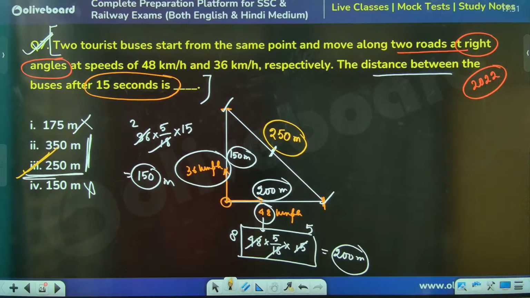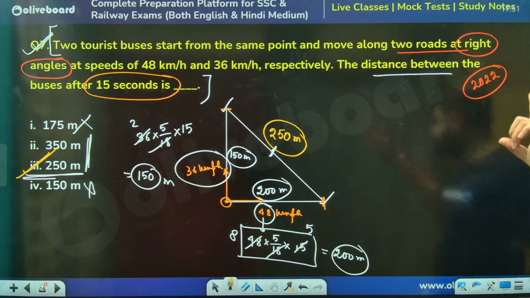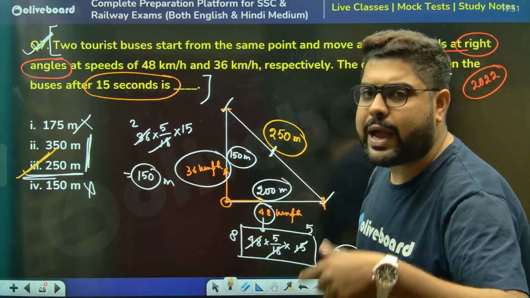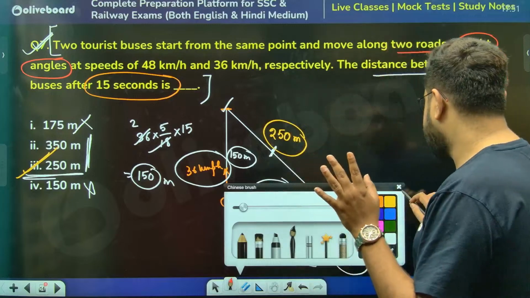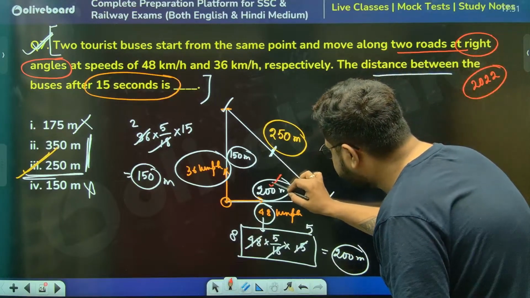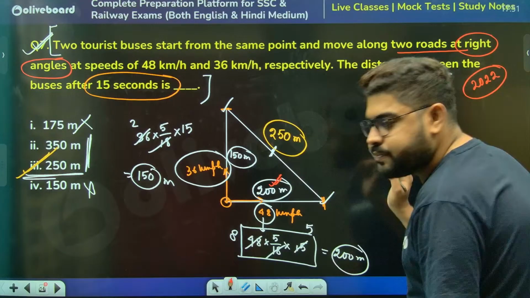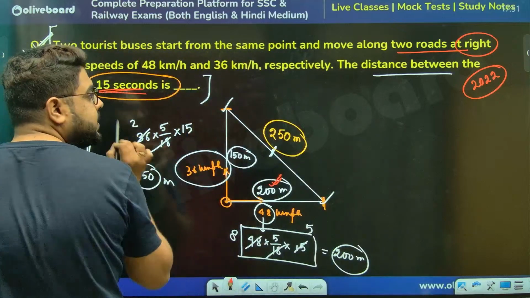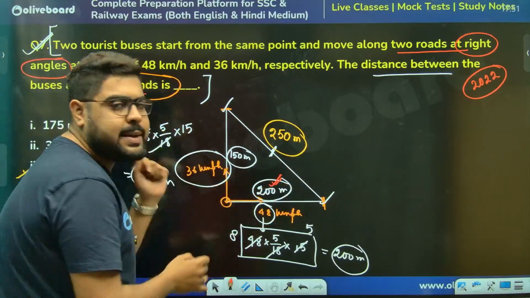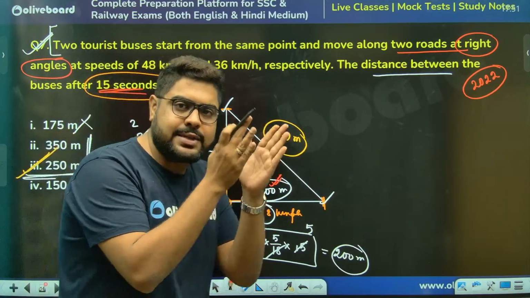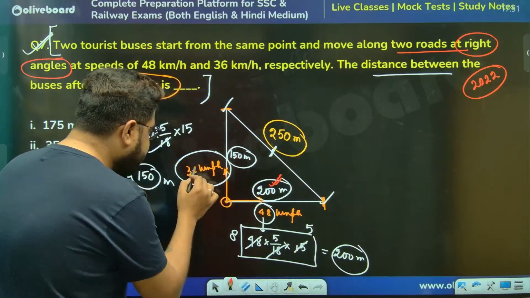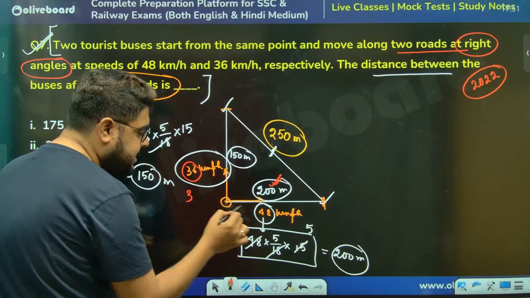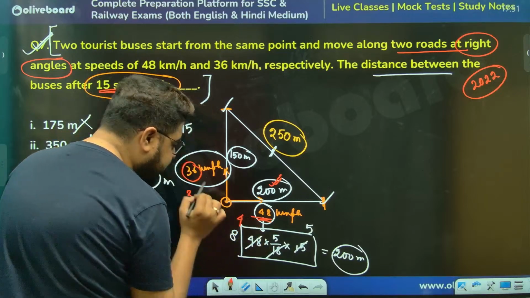Now let me say one very simple thing. How can we reduce our work even more? Once we got this 200, understand, if the time is the same for both, the speed ratio and distance ratio are the same. So the speed ratio here, 3 twelves are 36, 4 twelves are 48, the ratio is 3 by 4.